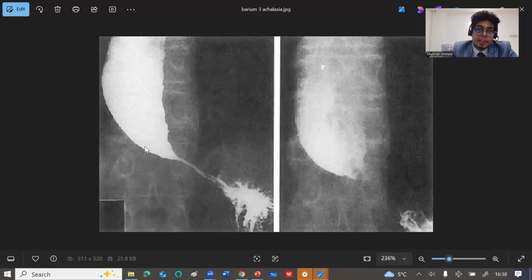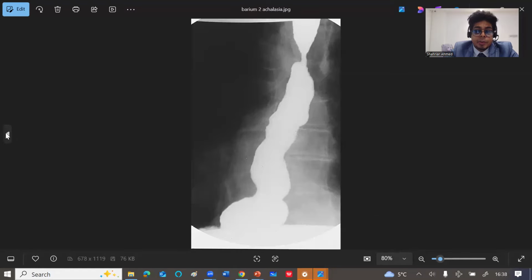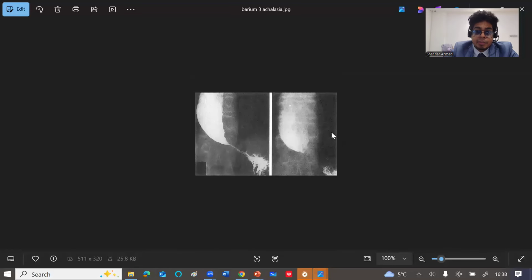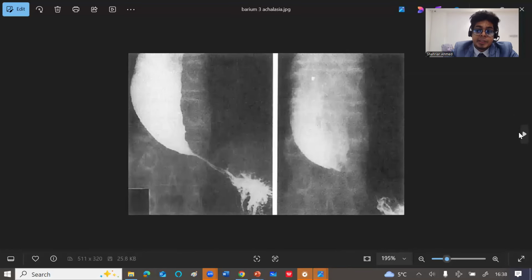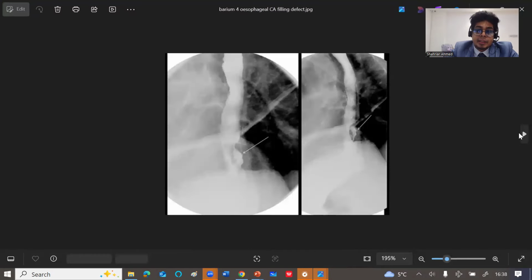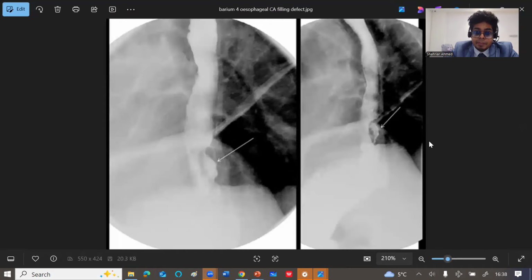Okay. What about this? This one I think easy. The classic bird beak. Previous one was not classic, but this one is quite classic. Bird beak appearance is again achalasia.